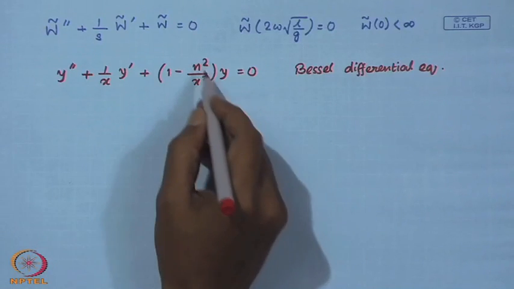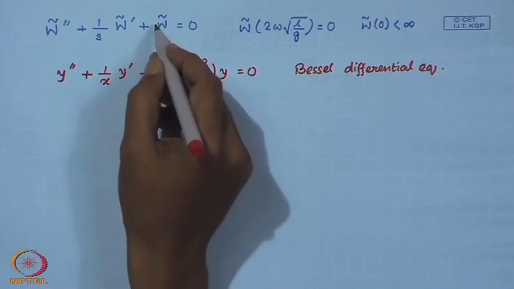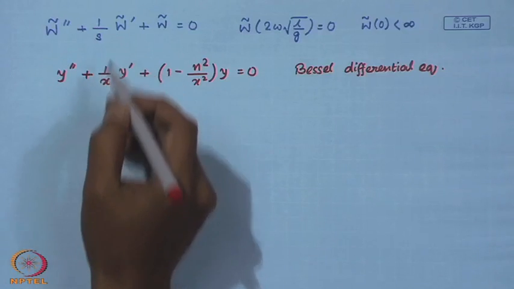So, this equation is the Bessel differential equation, and if in this equation you put n as 0, then it reduces to this differential equation.